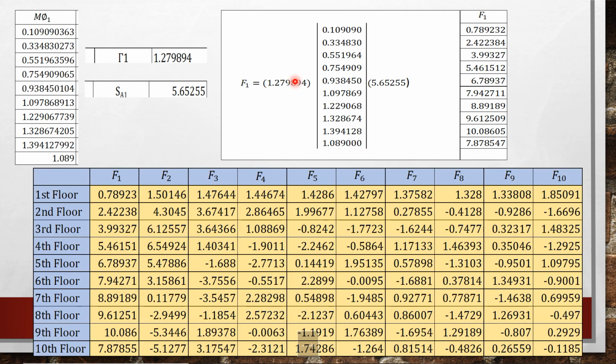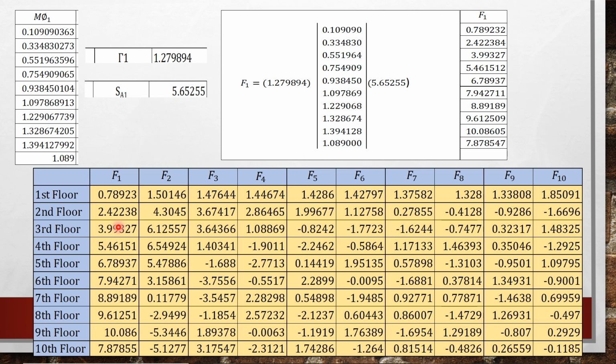So, ito na yun. For mode 1, first floor, ang lateral force natin is 0.78923. For mode 2, first floor, ang lateral force natin is 1.50146 and so on. Yan. So, for second floor, ito. For third floor, ito na row.